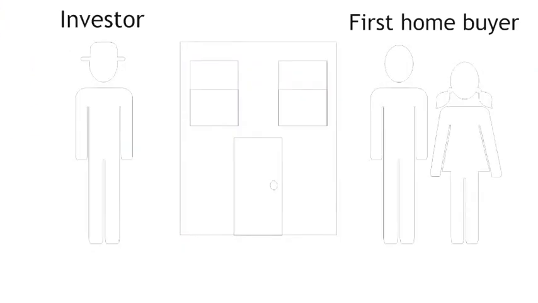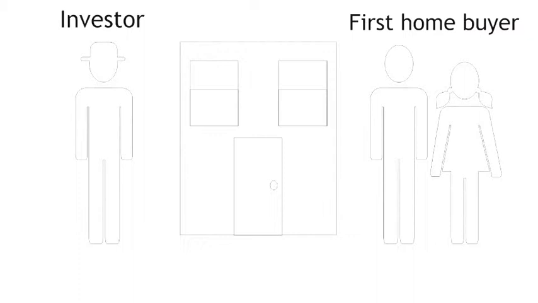If you're not familiar with negative gearing, it's a policy that allows investors to take the difference between the cost of a mortgage on a property and what it rents out for each week, and offsets this against their taxable income. So here's me and my girlfriend on the right. Here's a 1 or 2 bedroom unit in Sydney, and here's an investor on the left.